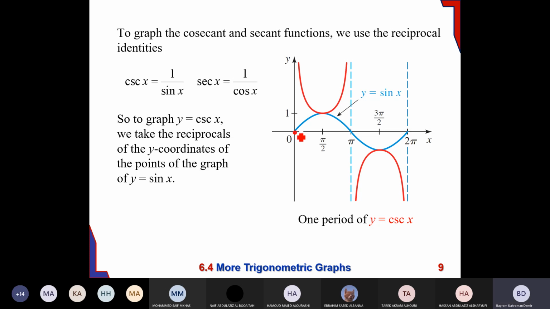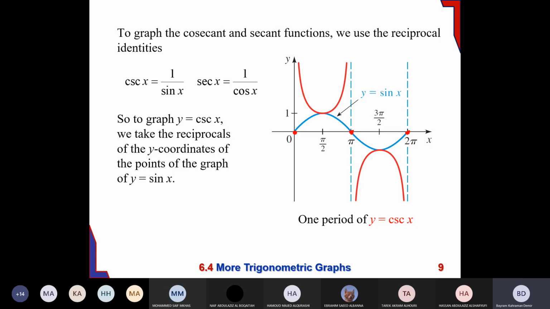So 0 is one x-intercept. Another x-intercept is pi. Another x-intercept is 2 pi. So that means at these points, cosecant will be undefined, because it is 1 over sine. Sine is 0, so cosecant is undefined.